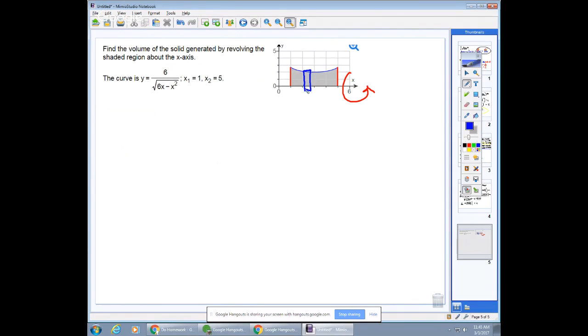So I'd have little rectangles like that to run around. Yeah, shells would be very awkward here. Shells would be wicked awkward here. We don't want to do that, because we'd have to break it into, oh no.